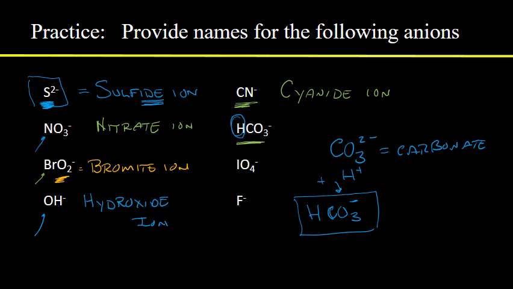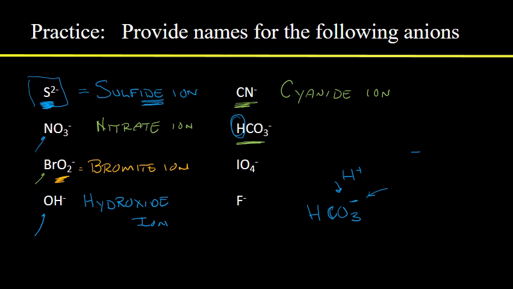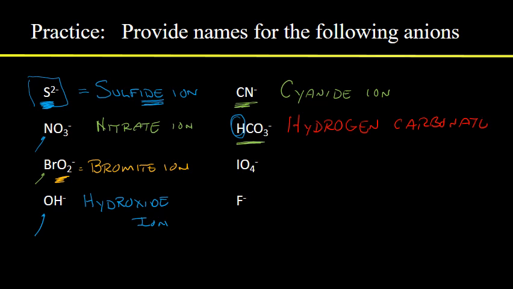So if we were to form a compound ion here by adding hydrogen, we'd get a hydrogen carbonate ion with a charge of -1, and that's exactly what we've got here. Right. So this one is hydrogen carbonate ion.